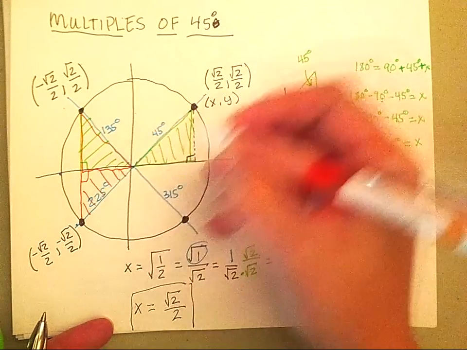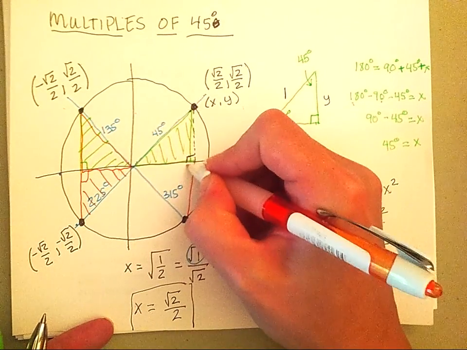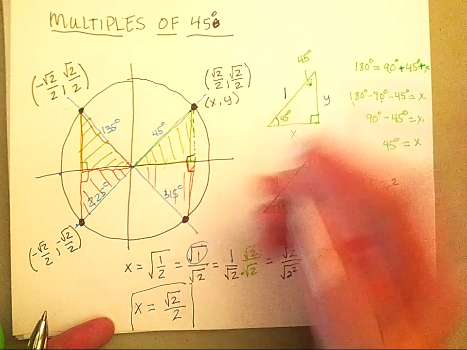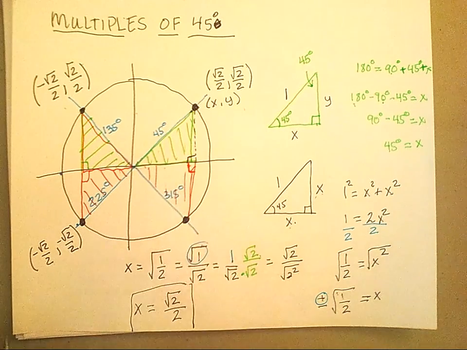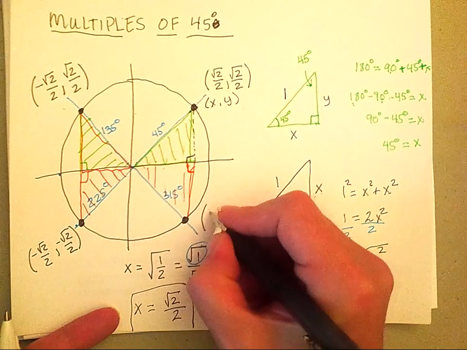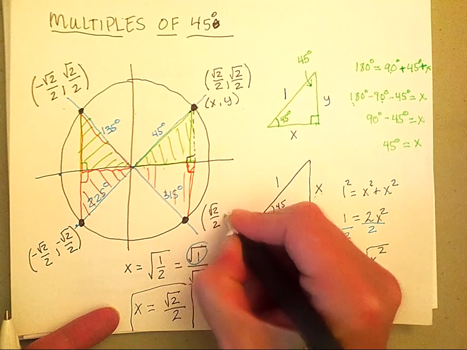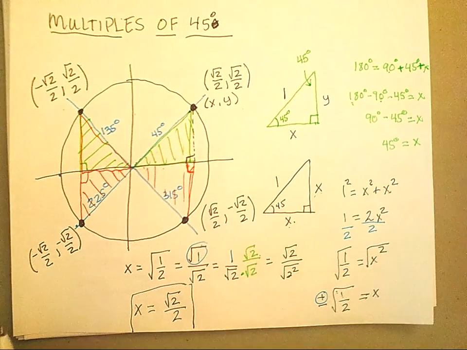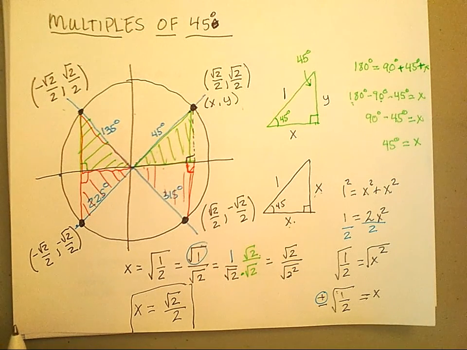Then we could flip this triangle one more time, bring it over here. The length will stay the same. I'll just change the orientation of it. So I've gone positive in the x, so positive square root of 2 over 2, and negative square root of 2 over 2. I hope this makes sense.